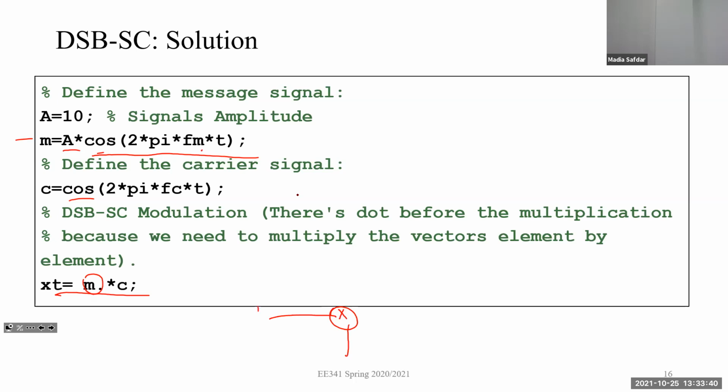So this was XM, XC, and then this was Y. X multiplied by XM multiplied by XC. You remember? So these 3 commands, 4 actually.